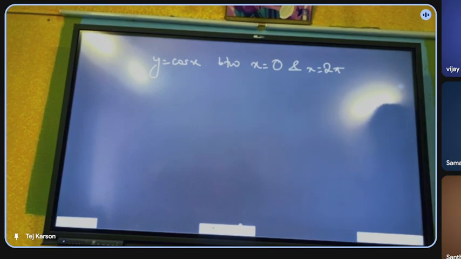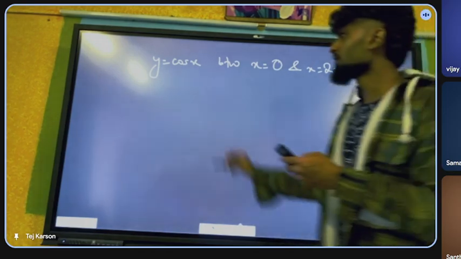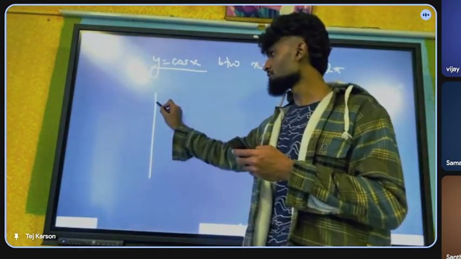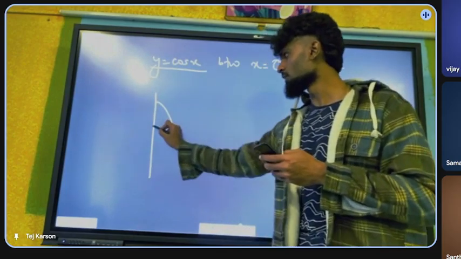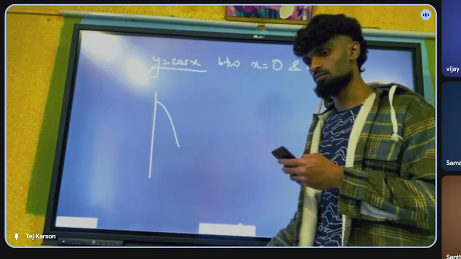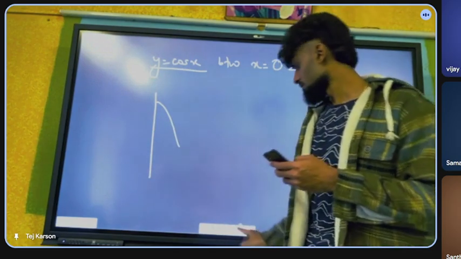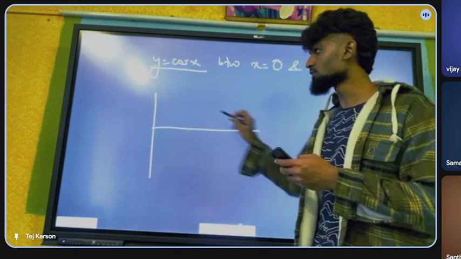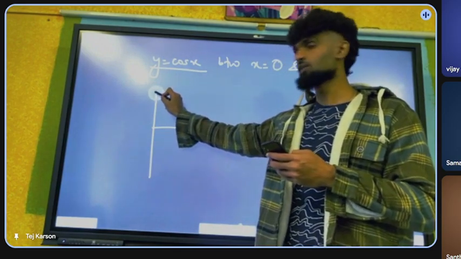Okay. Now, the function says what? Cos. Draw the cos here. Starts off from the top. It's a wave. It's a function, so it's a wave. Okay, starts off at the top.